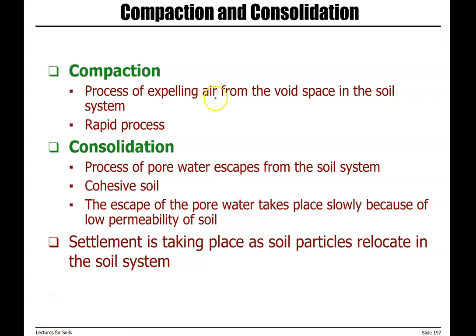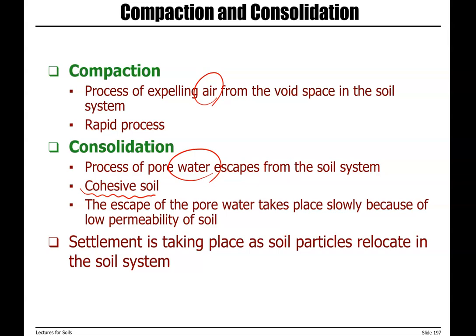Compaction is the removal of air from a soil sample, and consolidation is the removal of water from a compacted soil. Consolidation is usually observed when we have fine grained cohesive soil. It's a function of time.